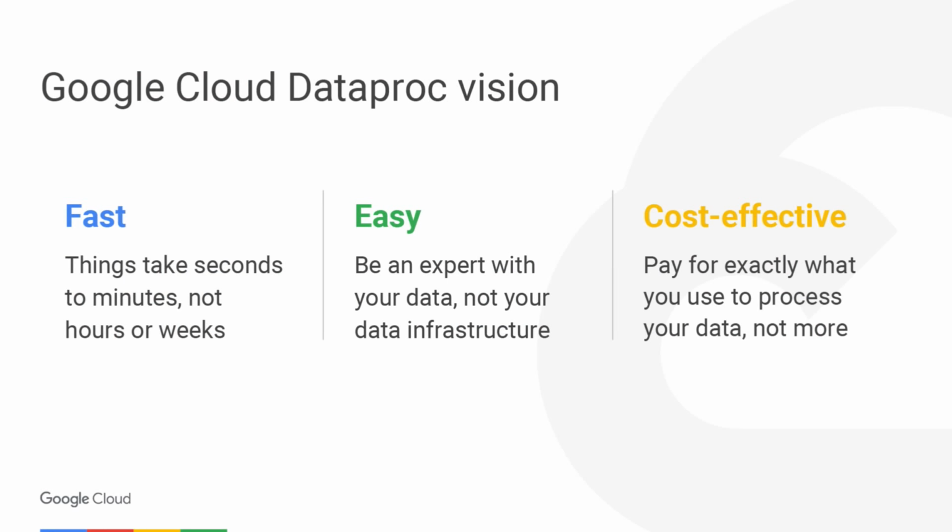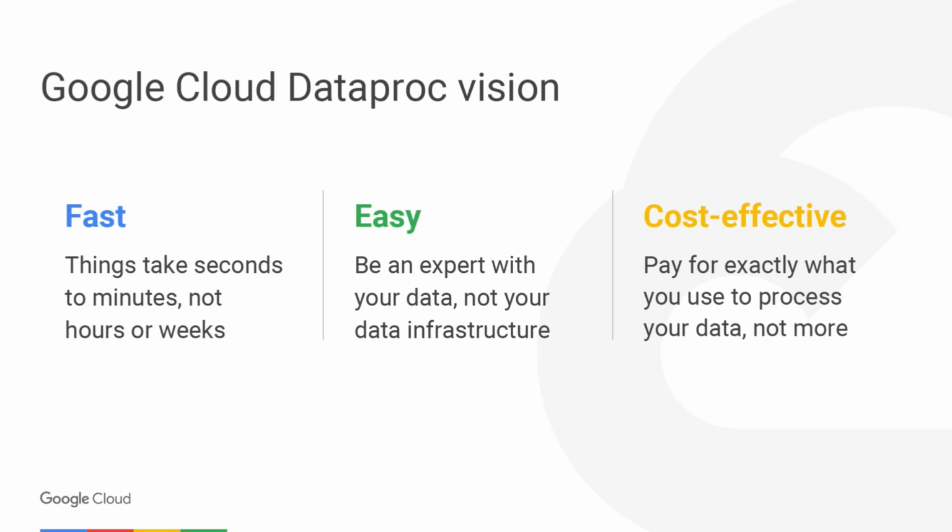First, fast. Things should really take on the order of seconds. They shouldn't take minutes, hours, days, or weeks. For example, when you create a cluster or resize a cluster, that should take on the order of seconds, 60 to 90 seconds. Easy. We want people that are using this to be experts in what matters, which is typically the data.